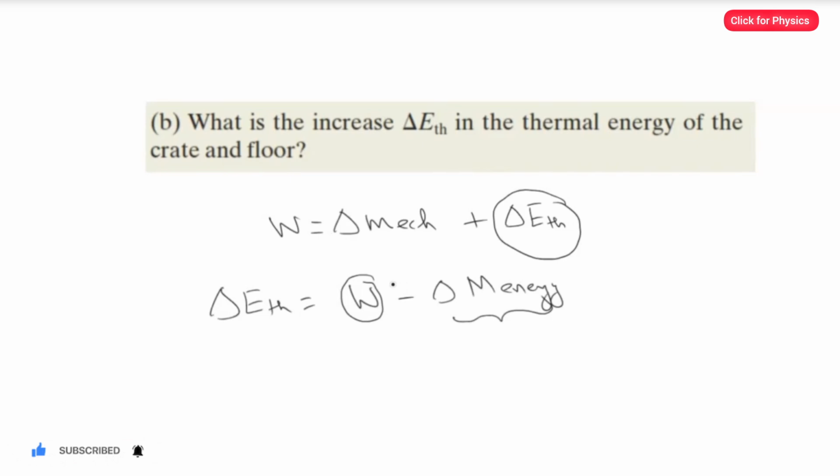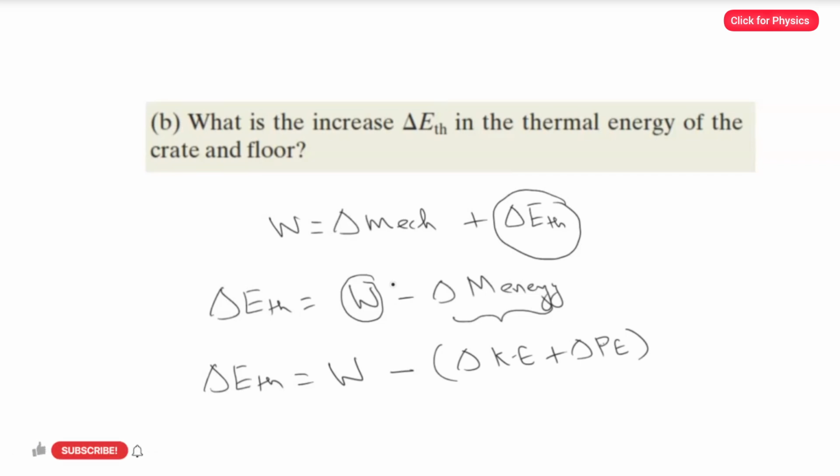So if we substitute this for the mechanical energy, what we will get is: change in thermal energy is equal to work done minus the change in kinetic energy plus the change in potential energy. Clear? So now we know the change in kinetic energy is kinetic energy final minus kinetic energy initial.